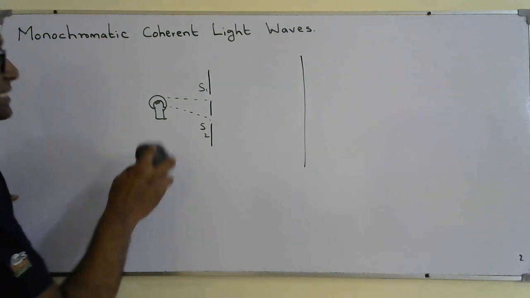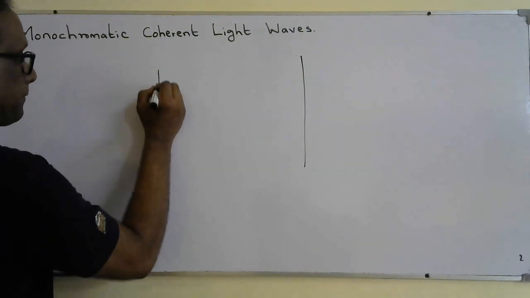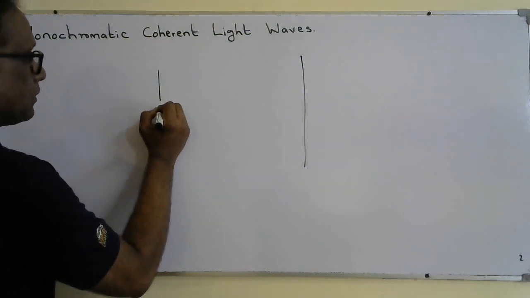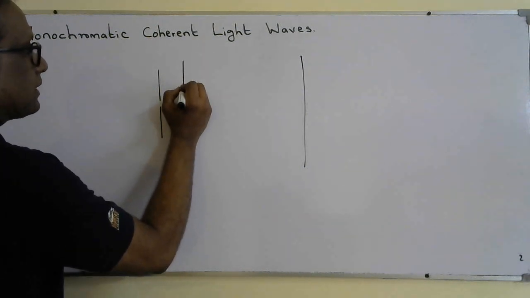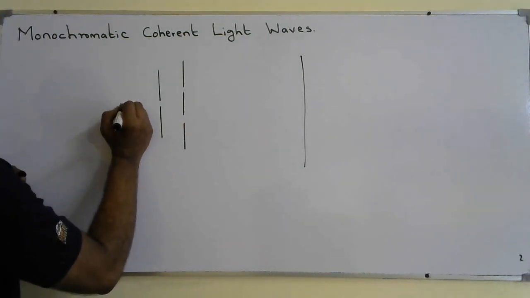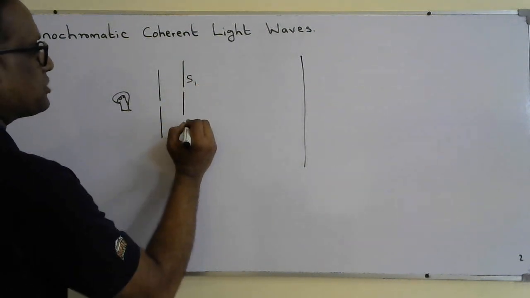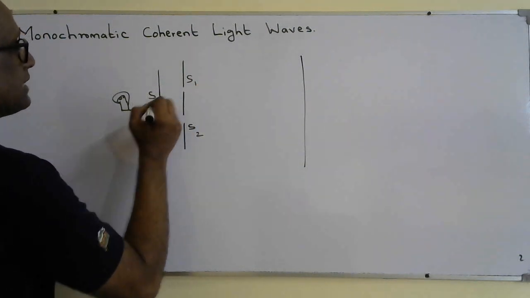So what shall we do now? We should use a single slit like this, then a double slit, and keep the bulb here. Okay, now what happens? The two slits S1 and S2, and this is S, the single slit.